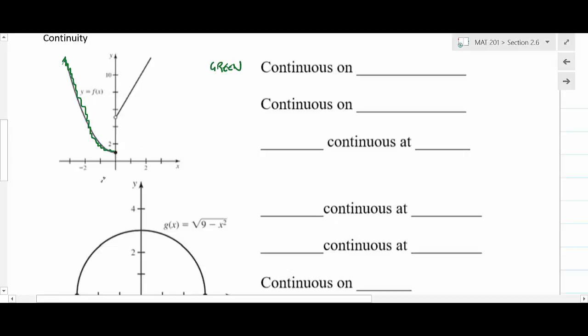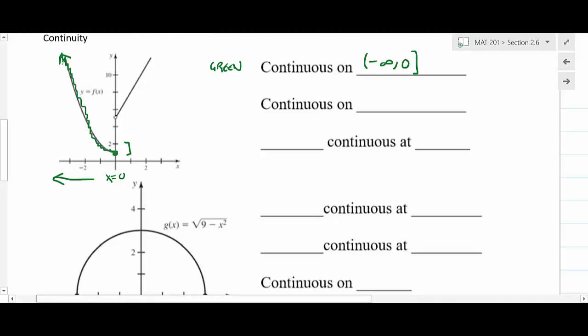And we're looking at x equals 0, and then to the left of x equals 0. So we would say that this is continuous on the interval negative infinity to 0, and then we'd close with a bracket at 0 because there's a solid dot there. And that's implying that the function goes on forever to the left.